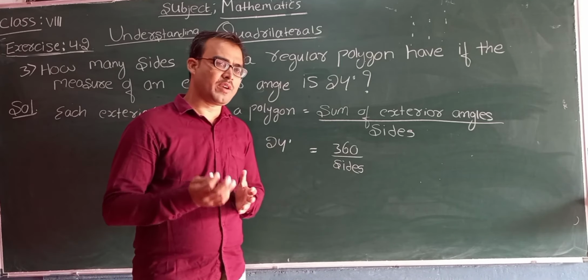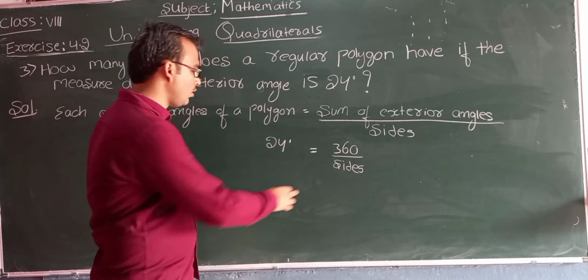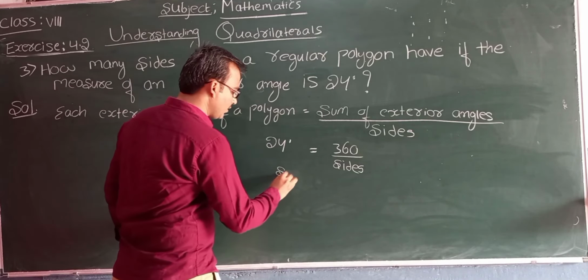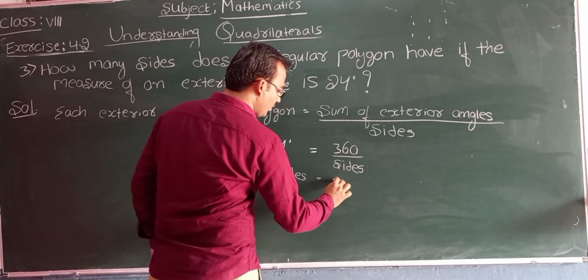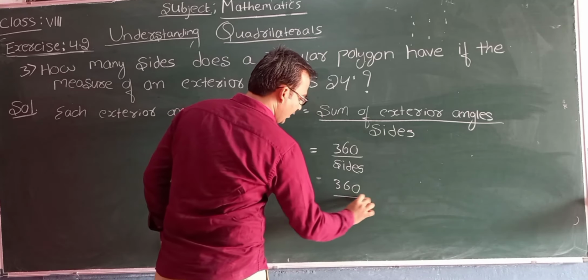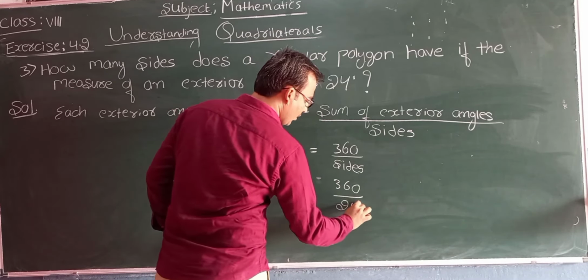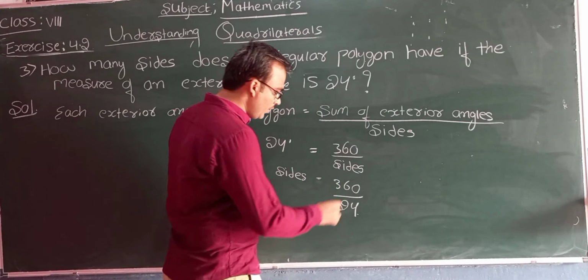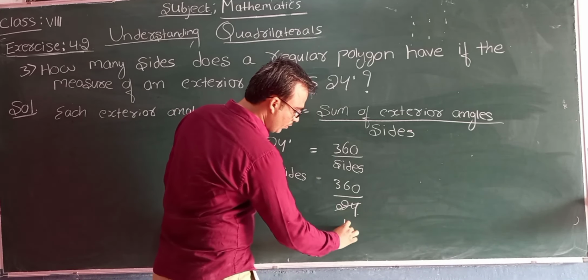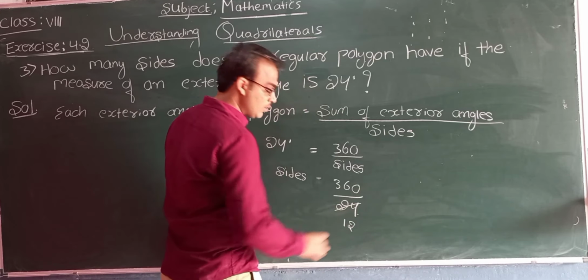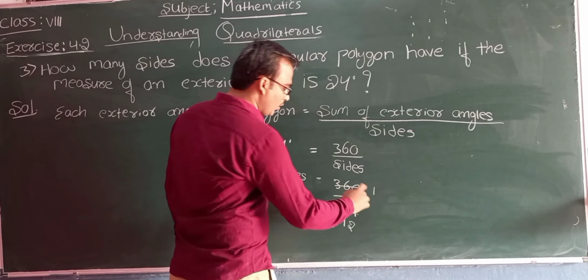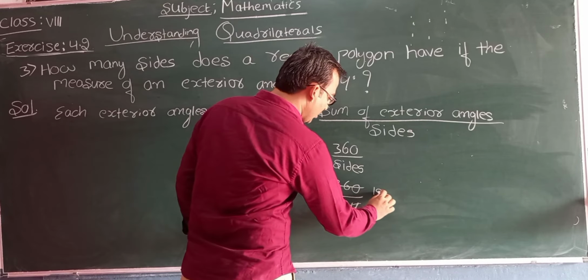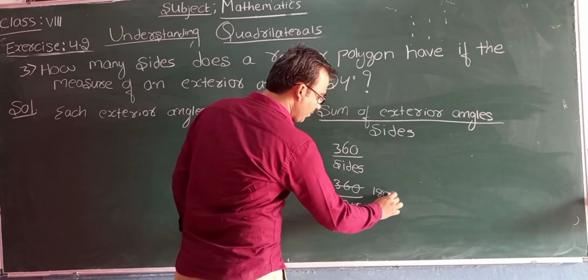Now students, what do we need? Sides. So bring sides here, equals 360 divided by 24. Now we'll divide this: 2 ones are 2, 2 twos are 4, next 2 ones are 2, 1 remains, it becomes 16, 2 8s are 16, 0 cancel.